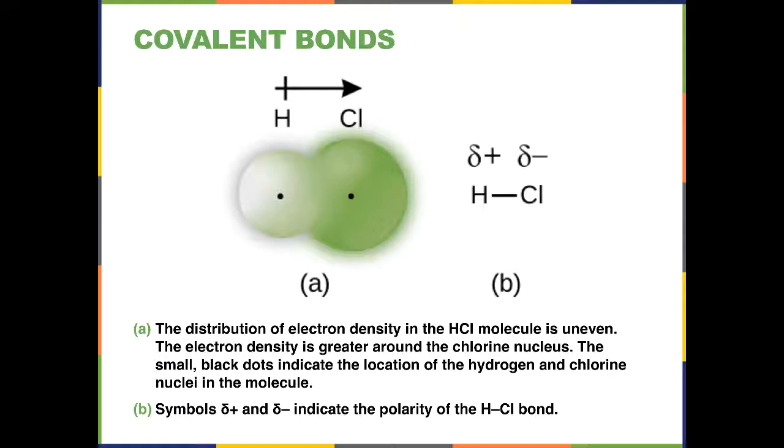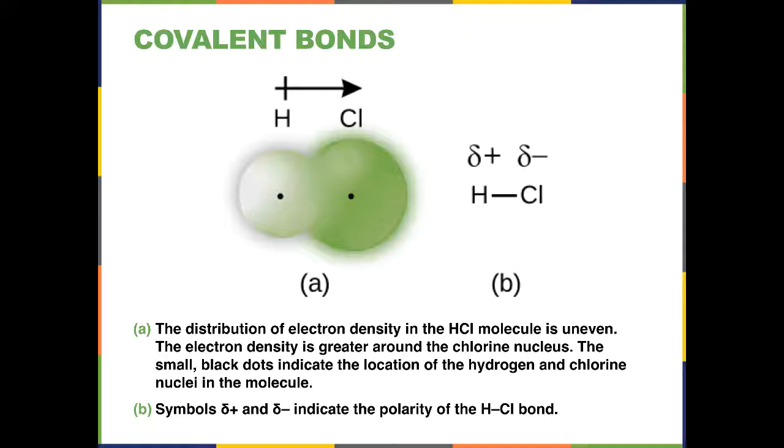And so what you see is a darker green area around the chlorine and a lighter green around the hydrogen. And the small black dots are supposed to indicate where the nuclei for the hydrogen and chlorine reside.